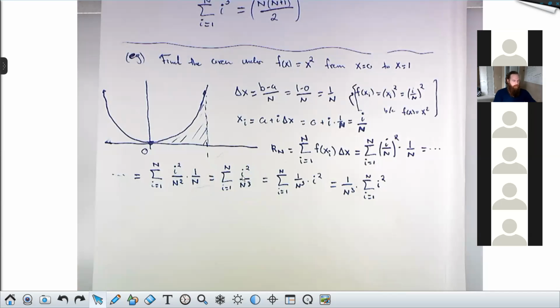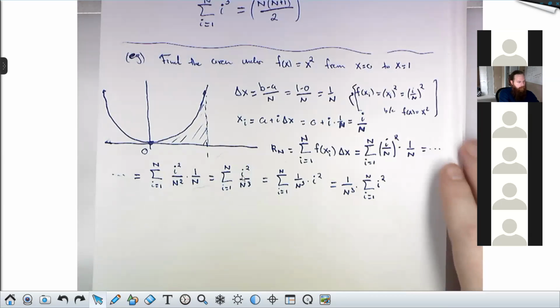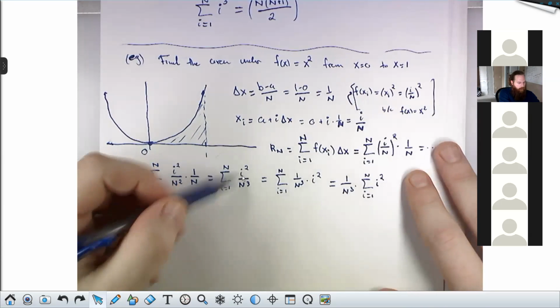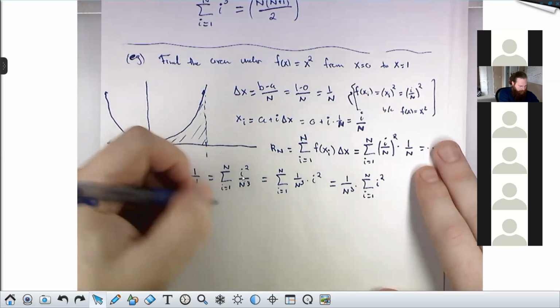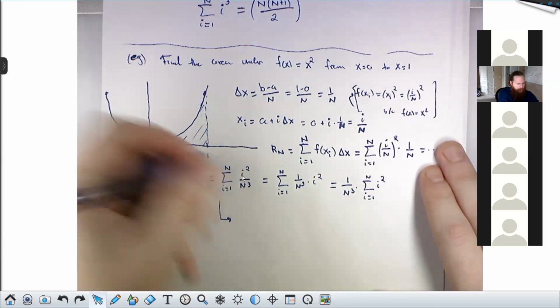So this is 1 squared over n cubed plus 2 squared over n cubed plus 3 squared over n cubed plus 4 squared over n cubed. I'll write it out one more time.